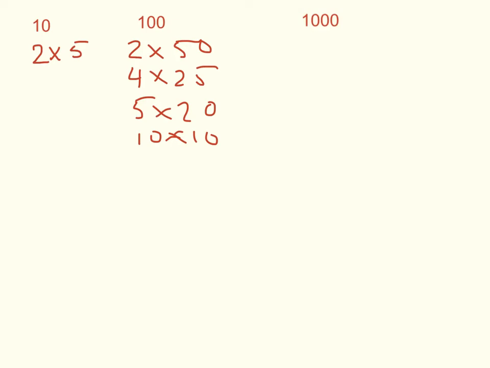Now we're looking at 1,000, because if you have a decimal written out to the thousandths place, 1,000 would be in the denominator.